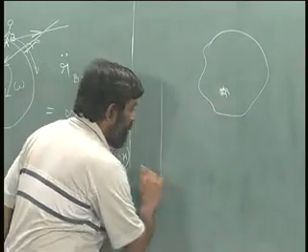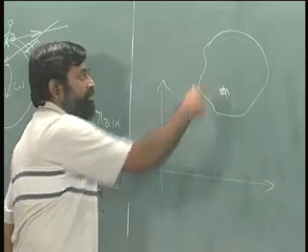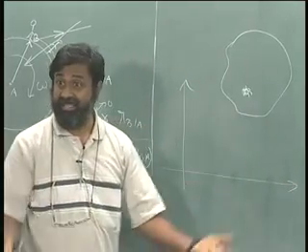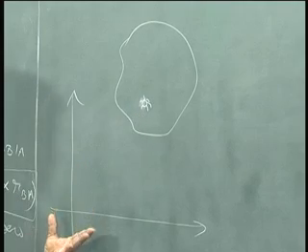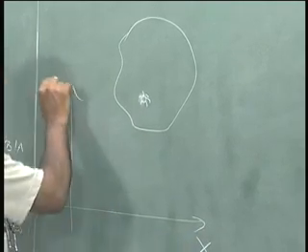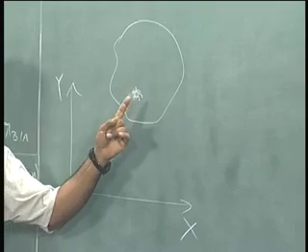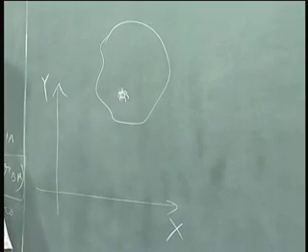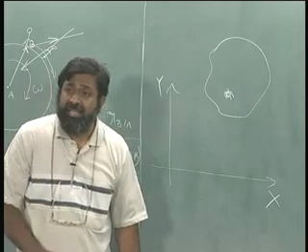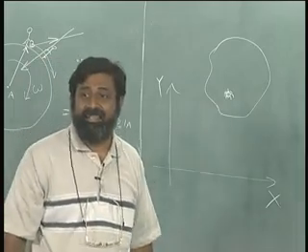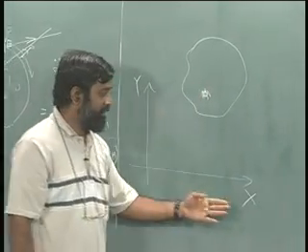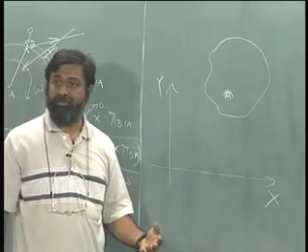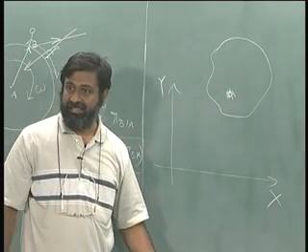Now, remember this body also is moving and accelerating, okay. And can I find out with respect to the fixed frame of reference what would be the acceleration of this particular insect? Why am I interested in the acceleration or velocity of that insect with respect to the fixed frame? What is the reason?